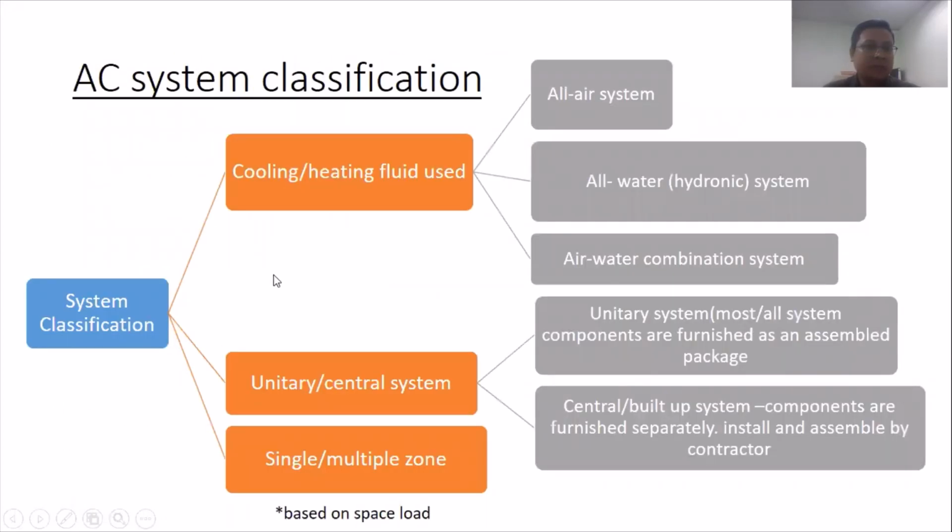Okay, actually, based on the classification of aircon, we have the cooling, heating, and fluid used. Based on the classification of cooling, we will divide the types of aircon system, and then based on the unitary central system, we can divide several unit aircon systems, and also single or multiple zone types of aircon system.